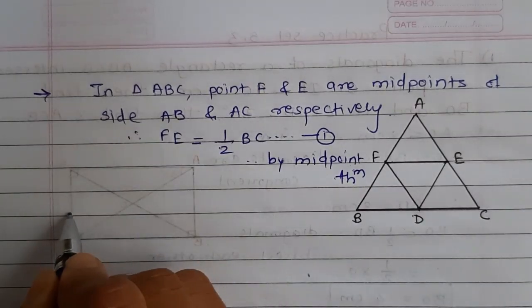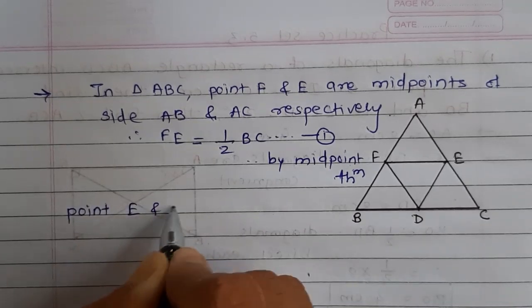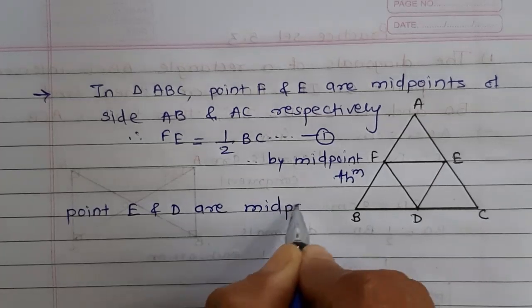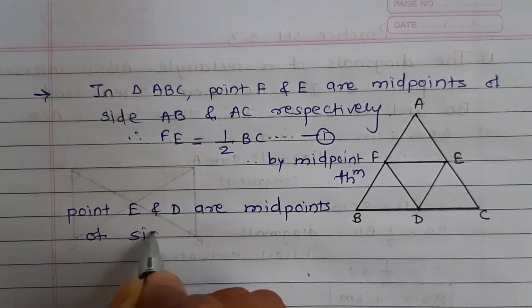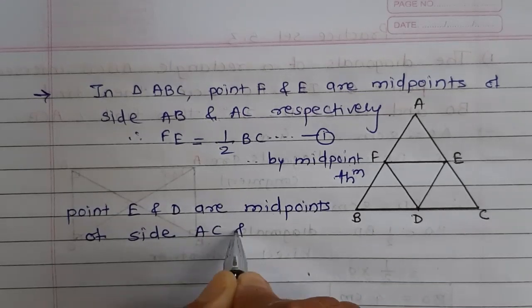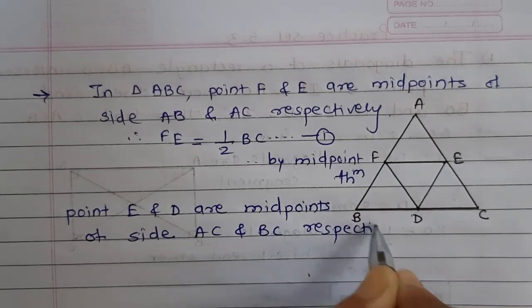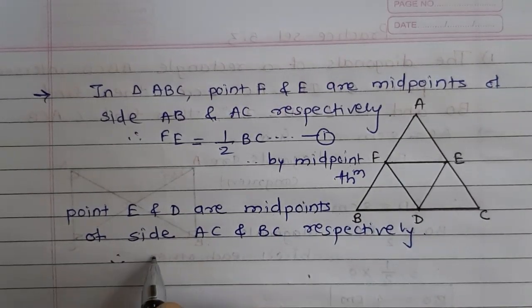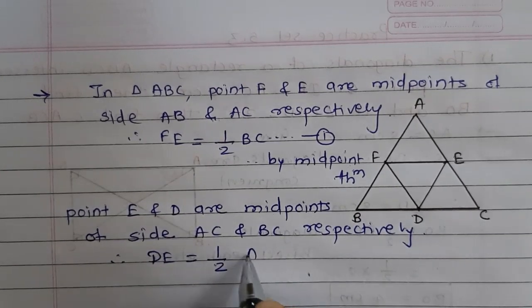Then points E and D are midpoints of sides AC and BC respectively. Therefore, DE equals half of AB.